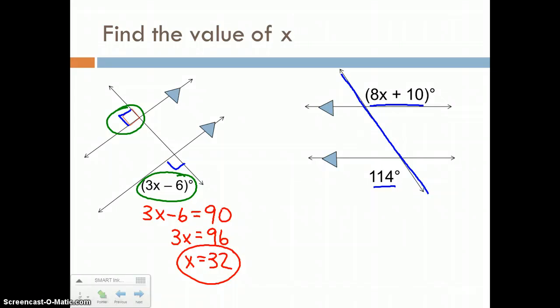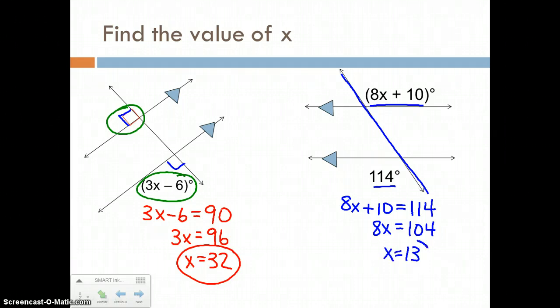Anytime angles are congruent, you're going to set them equal to each other. So you're going to write 8x plus 10 equals 114. You're going to subtract 10 from both sides, and you're going to get 8x equals 104. You're then going to divide by 8, and you'll get x equals 13.